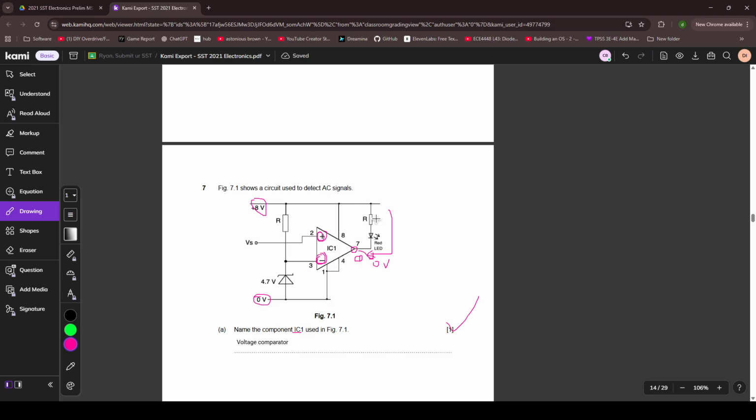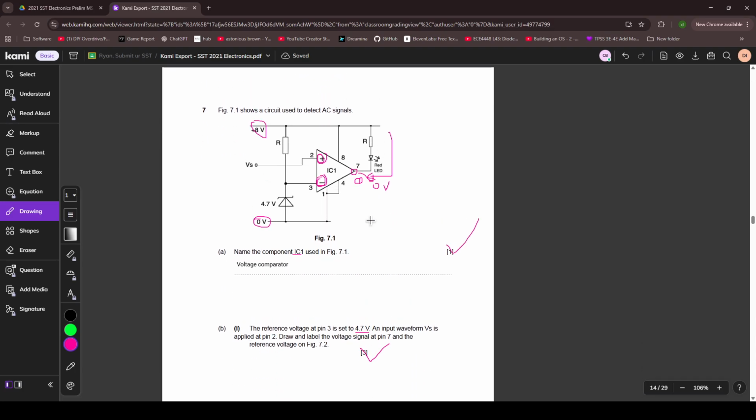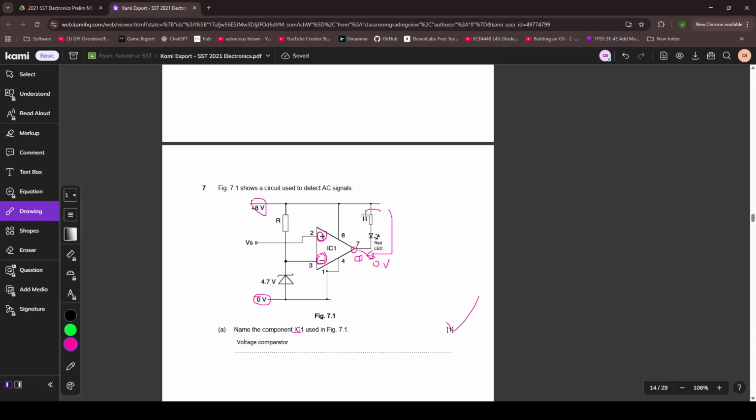So what you have to note is that this is being pulled up. When this is 0, this will actually be turned on. When this is 1, this will actually be turned off. And when this is 8 volts, the current cannot flow. Okay, there's a lot of marking here, so yeah, when this is 8 volts, the current cannot flow. It doesn't work. Okay.